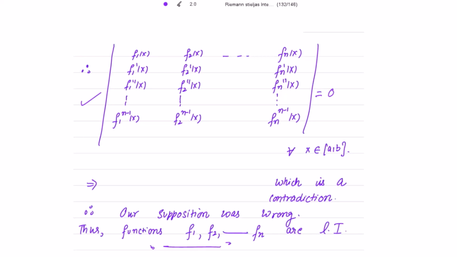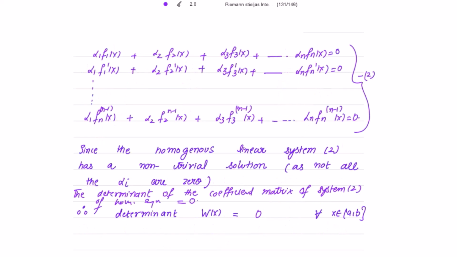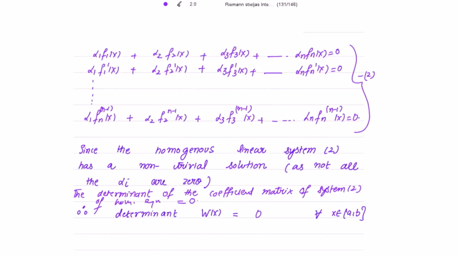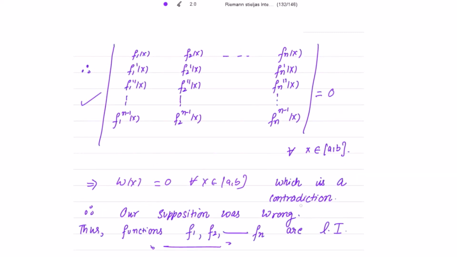This is a contradiction. So W(x) is equal to 0 for all x belonging to the closed interval [a, b], which is a contradiction because it is given to us that the Wronskian does not vanish identically. Taking the other possibility, we get the Wronskian equal to 0, which is a contradiction.